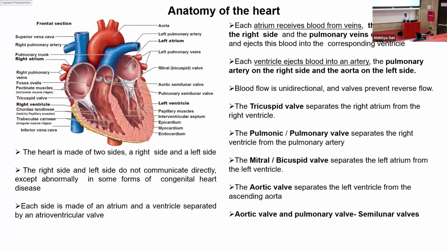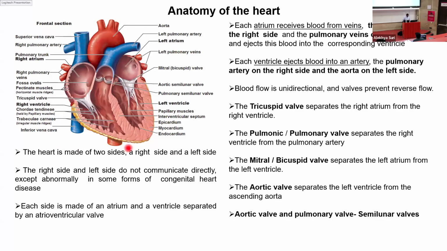The left and right side of the atria and the left and right side of the ventricle do not communicate directly, except in some congenital anomalies where, in heart diseases, you can see some kind of hole between the atrial septum or ventricular septum, so they can miscommunicate and cause cardiac pathology.